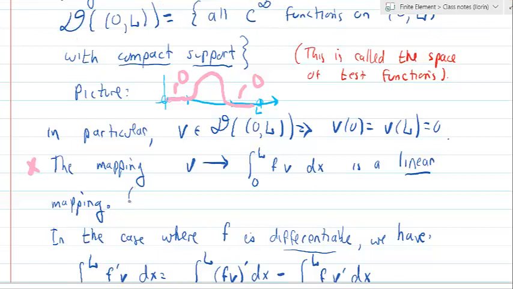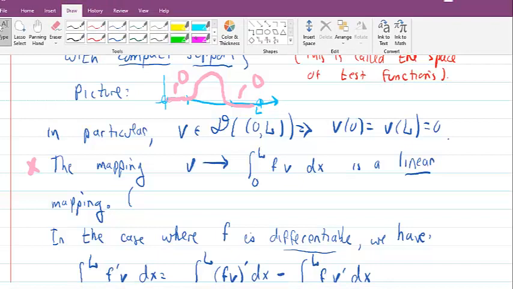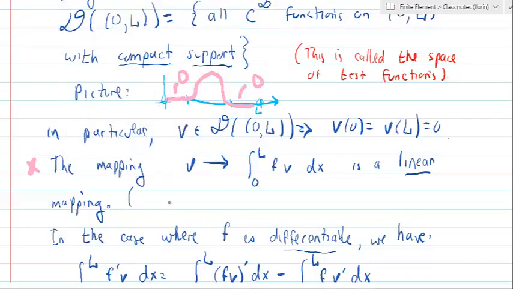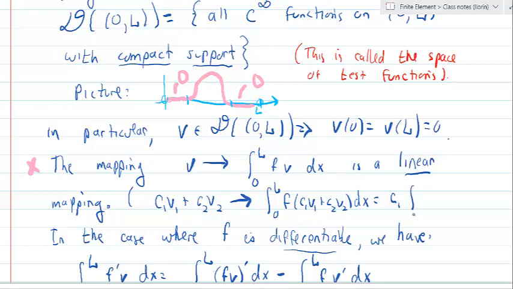Linear mapping means that if I take a combination of two functions, for instance c1 v1 plus c2 v2, according to this mapping, that will go to c1 times the integral from 0 to L of f v1, because the integral is linear, plus c2 times the integral from 0 to L of f v2.